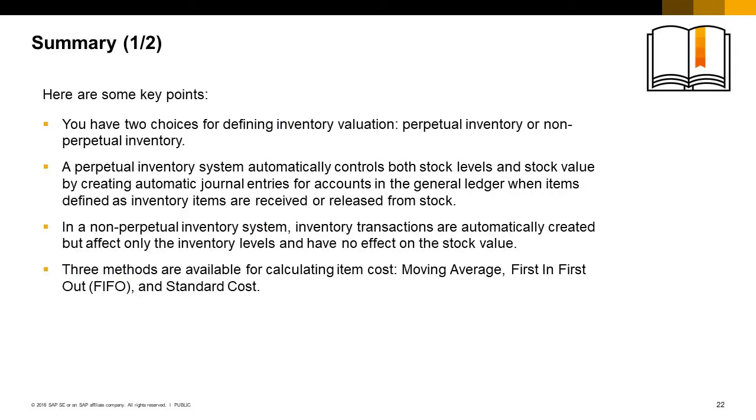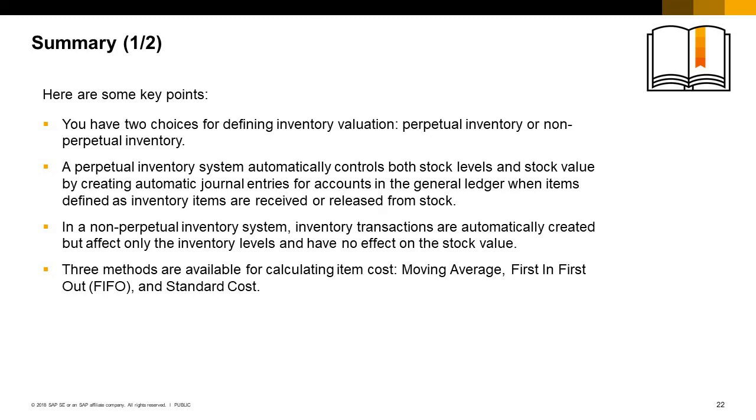You have two choices for defining inventory valuation: perpetual inventory or non-perpetual inventory. A perpetual inventory system automatically controls both stock levels and stock value by creating automatic journal entries for accounts in the general ledger when items defined as inventory items are received or released from stock.